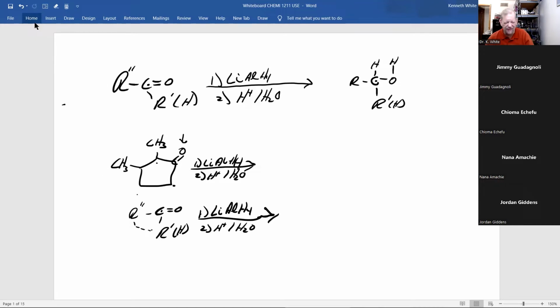Keep your eye on the carbonyl and what's attached to it: R prime, or hydrogen if it was an aldehyde, which it's not, and R double prime. At the carbon-oxygen double bond, you break the pi bond, and each atom gets a hydrogen. Do you break carbon-carbon single bonds?